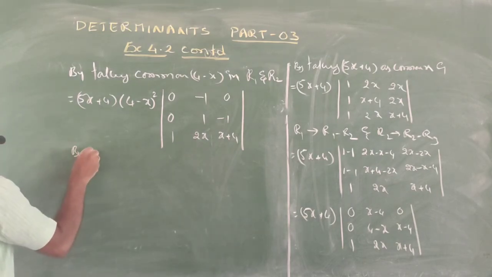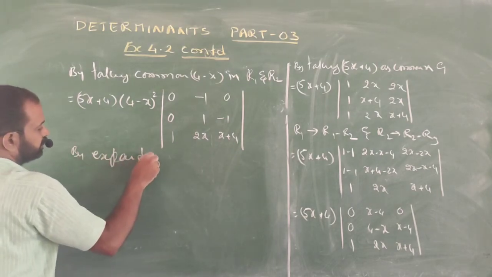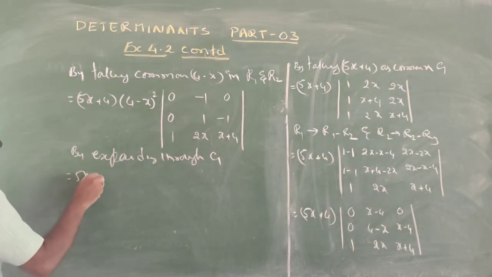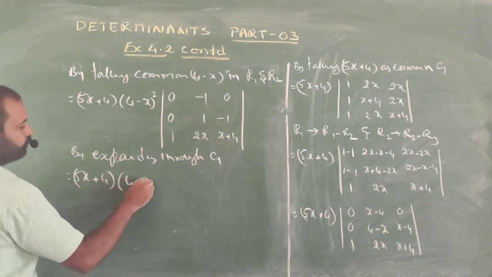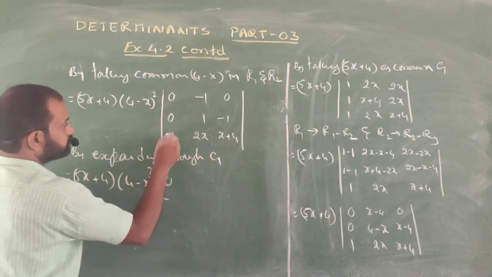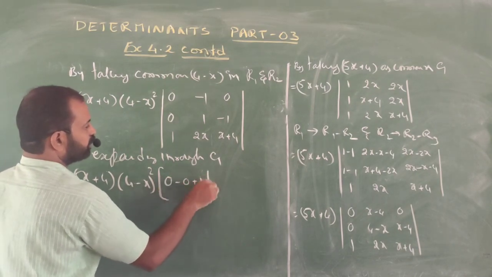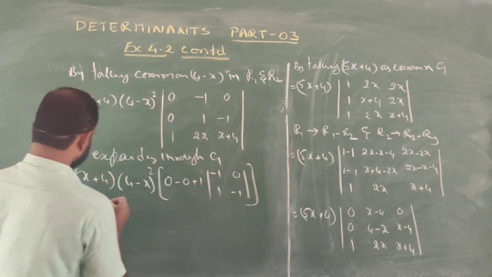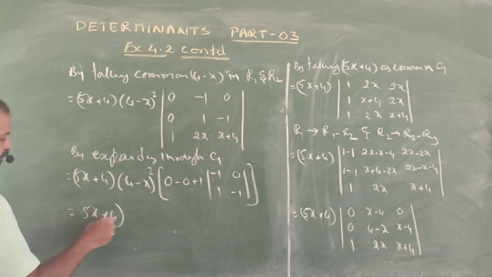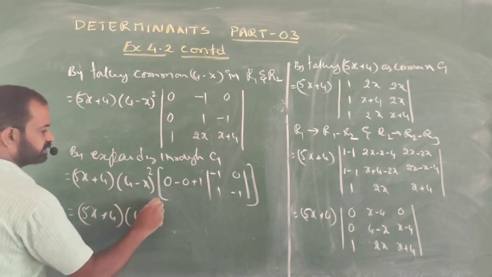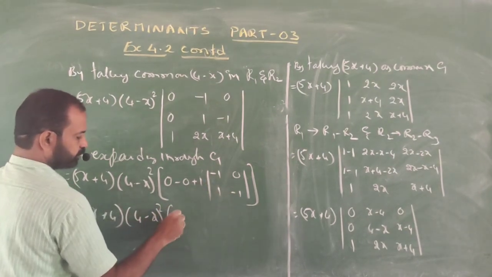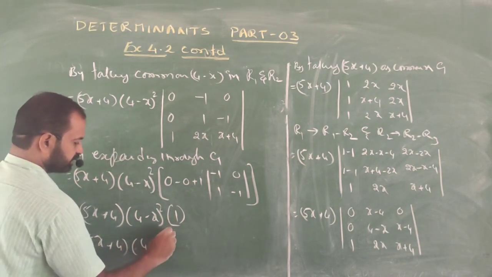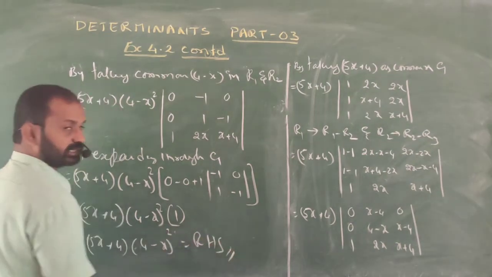By expanding through C1, 5x plus 4 into 4 minus x whole square into 0 minus 0 plus 1 into that minus 1, 0; 1, minus 1, which is equal to 5x plus 4 into 4 minus x whole square into minus 1 into minus 1 is plus 1, which is 5x plus 4 into 4 minus x whole square, which is nothing but RHS.